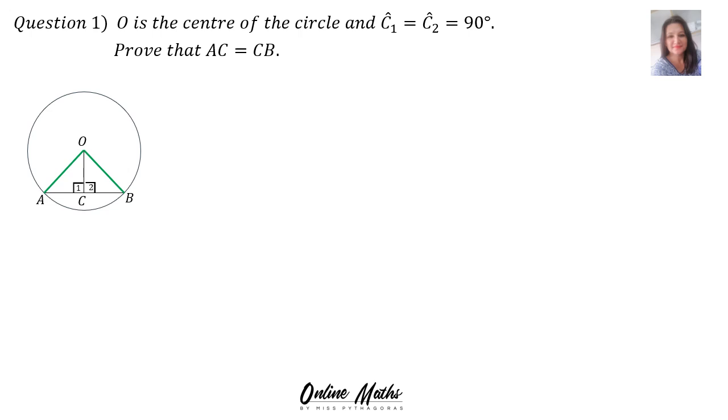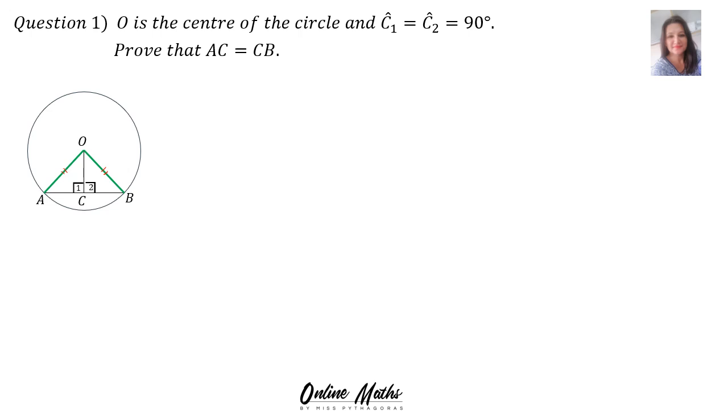Now before we start with the question, I want you to go to the sketch. The fact that there is a midpoint or a center of the circle implies that sides OA and OB are radii of that circle. Therefore, they are equal.